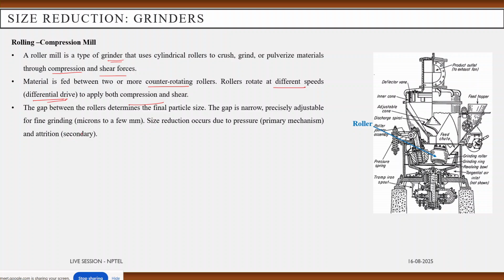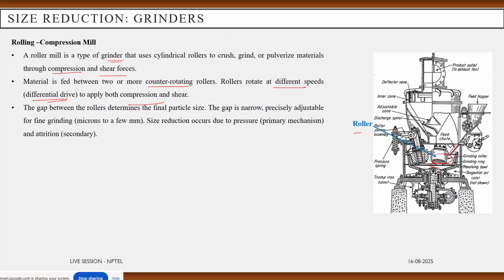They can even crush down to a few millimeters to micron. So size reduction here occurs due to pressure, which is the primary mechanism, and attrition between the two rolls, that is the secondary mechanism. Here you can see this is the roller which is rotating in such a way, and here we are giving the feed from this.